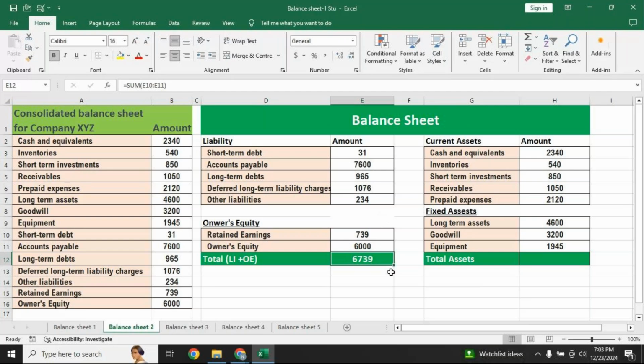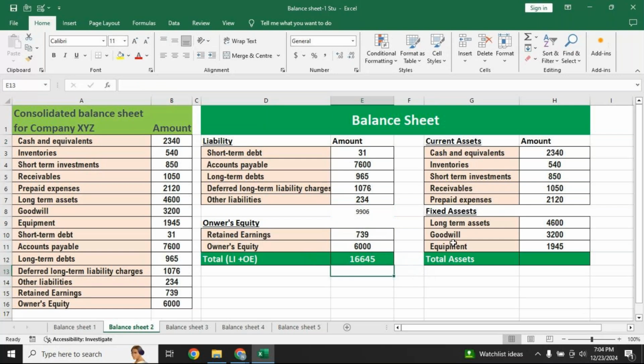So it will be, just add one line here, equals plus the sum of these values.